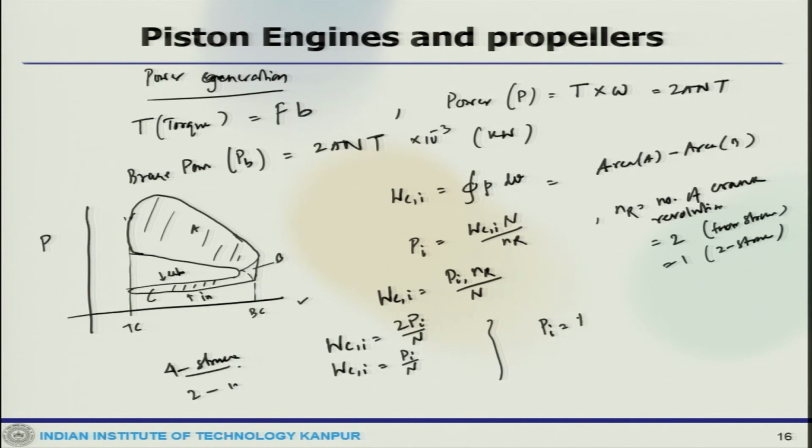So, indicated power is the brake power plus PF, and PF is the power consumed in overcoming the friction of the bearings, driving accessories, induction, and exhaust strokes. So, this is the power which has been used to operate some of these things. Okay.